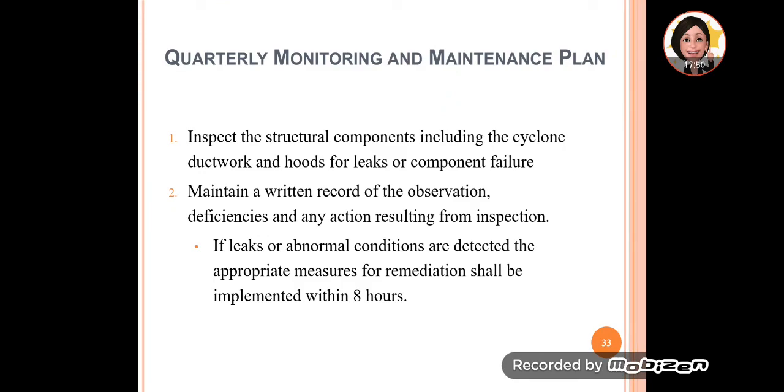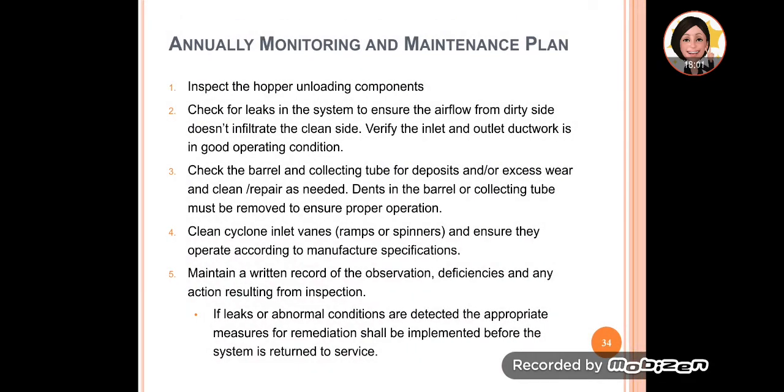And then there is a quarterly monitoring and maintenance plan, where we look into the ductworks and hoods for any leaks or any component failures. And we also have an annual inspection to look into the whole barrel and the tubes to see if there are any dents or deposits that can actually affect the efficiency of the cyclone.